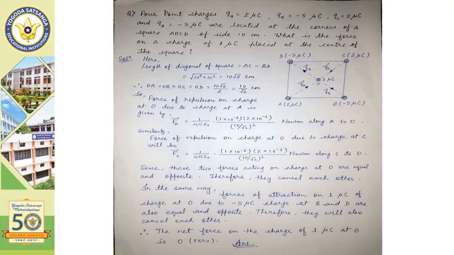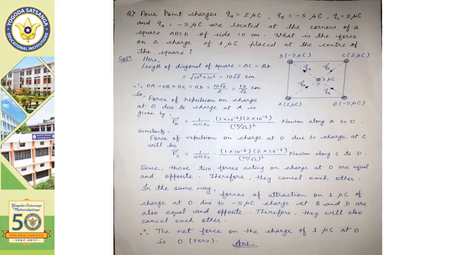From there we can calculate OA equals OB equals OC equals OD, and finally it equals 10 root 2 upon 2 equals 10 upon under root 2 centimeter, which is the distance from the charge at the center to all the remaining charges located at A, B, C and D.